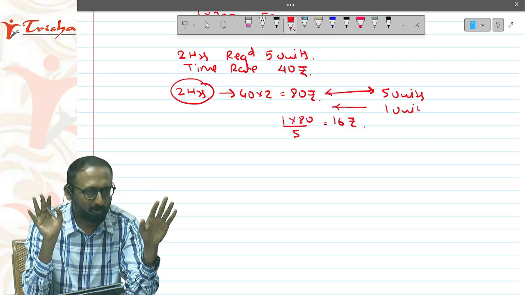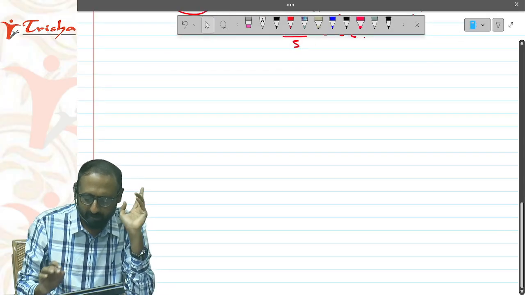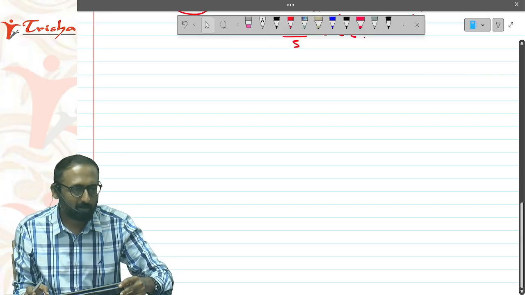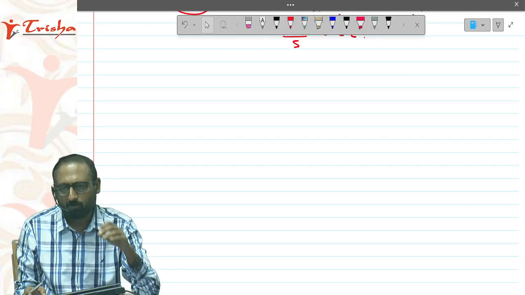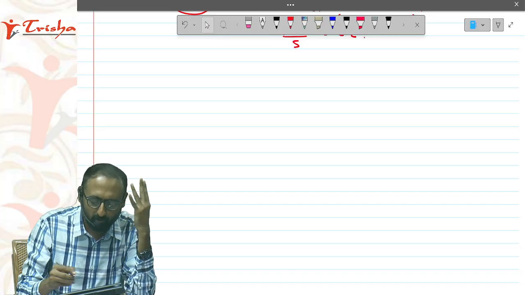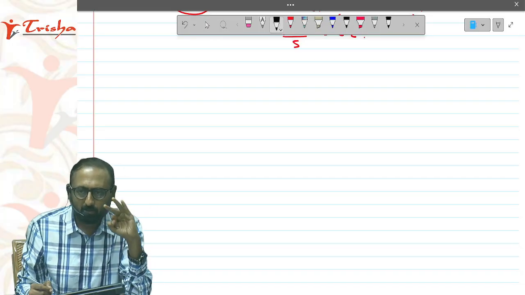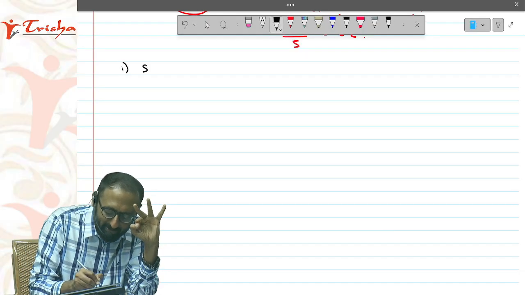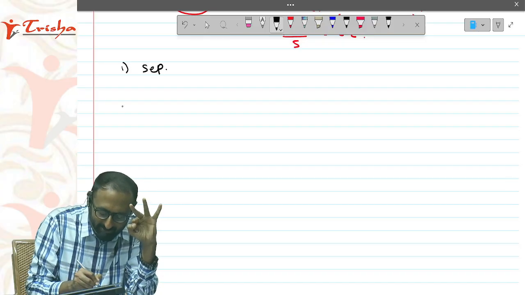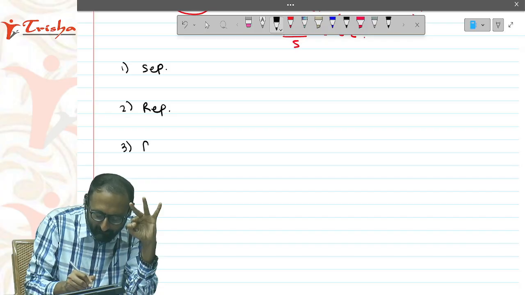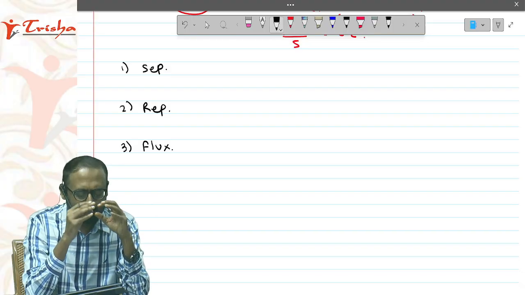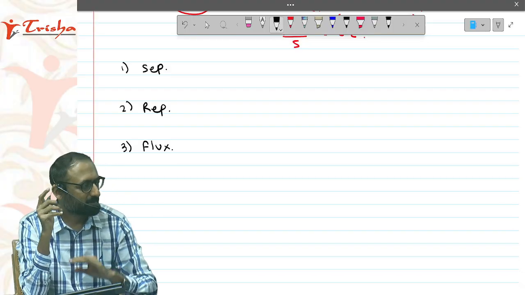So all permutation combinations are over. Let's go to the next important part, that is labor turnover. Guys, labor turnover you'll have to calculate with the help of 3 formulas. First one will be the separation method, second one will be the replacement method, and next one will be the flux method.